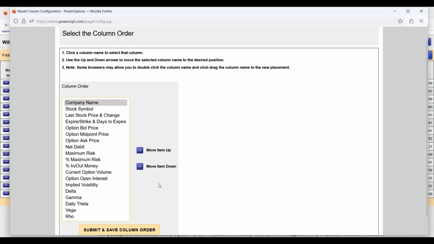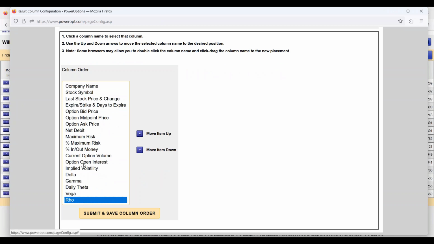I want to change the column order though, so I can see these better on the screen. First, let me take that implied volatility up and put it next to the range out of the money. We'll do the delta the same, gamma, theta, vega, and rho, okay? All right.